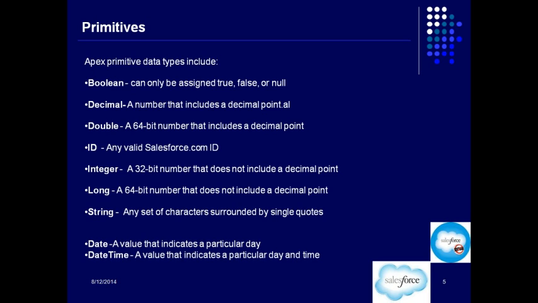Date time, a value that indicates a particular day and time. And we have time, a value that indicates a particular time. So these are the primitive data types that we can use in Salesforce. And these are pretty simple ones.